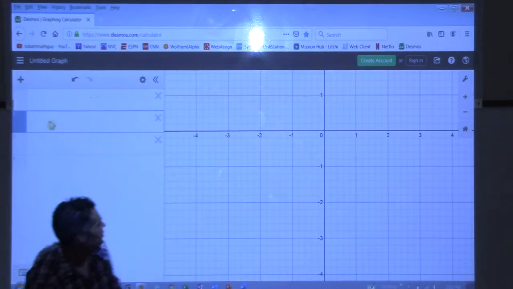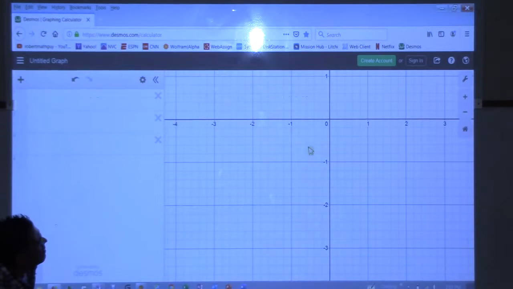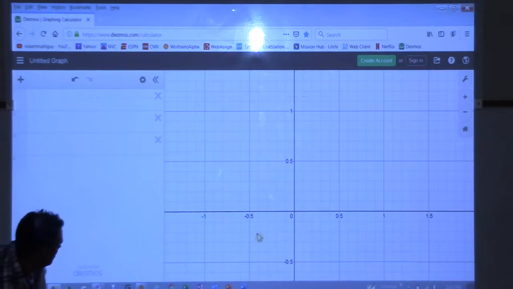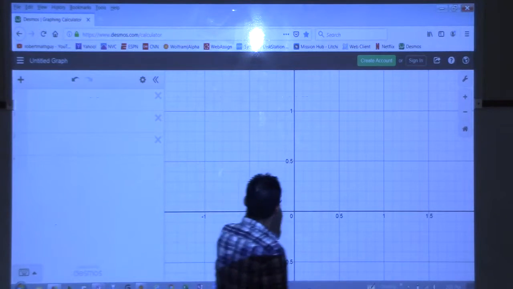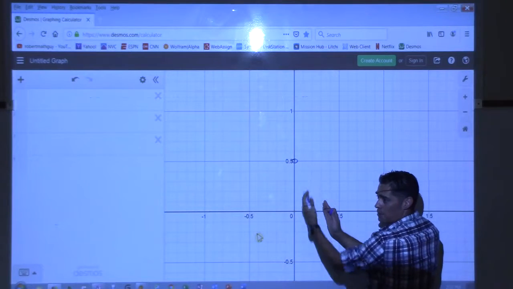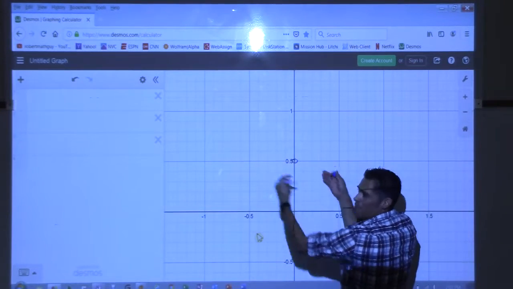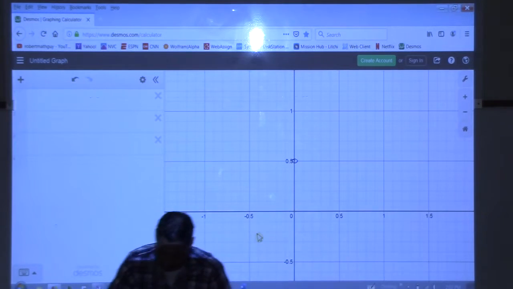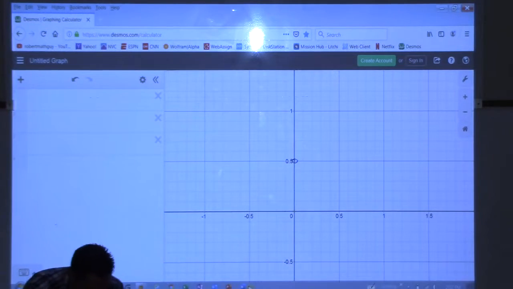Yes? So I'm actually going to cheat a little bit. I'm going to go here, I'm going to go like this. I'm going to zoom in real big here. Right here, when I'm done, at 0, it's undefined. But as I come in from both sides, it should be approaching that open hole. So let's just check that it works.